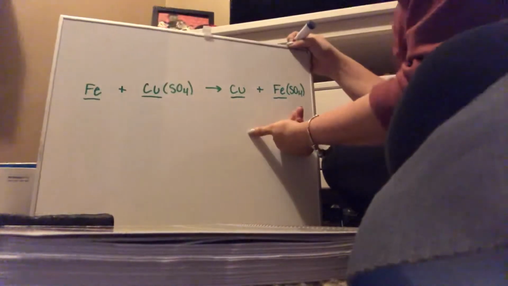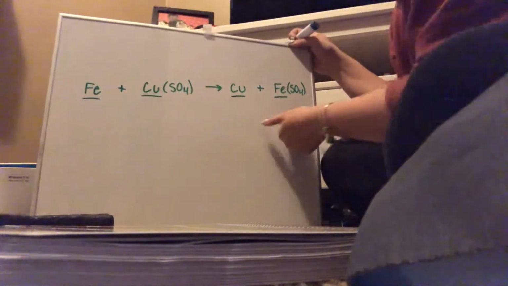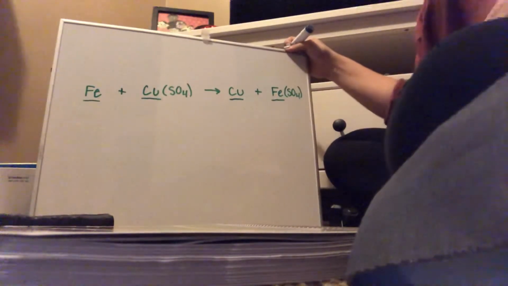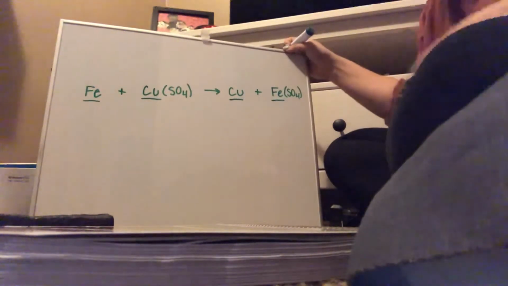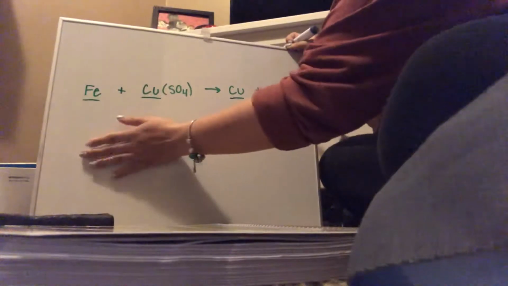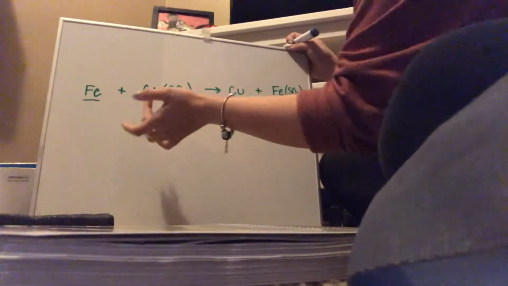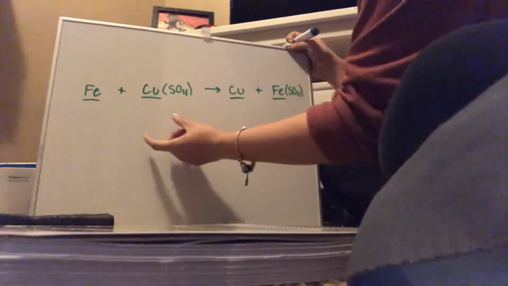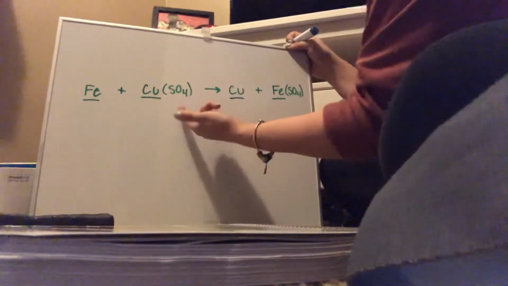And that is single displacement. You could also think about it as like single replacement. I don't know, whatever. But it's just the concept that you're only replacing one part of the reaction. So you have a cation and an anion.